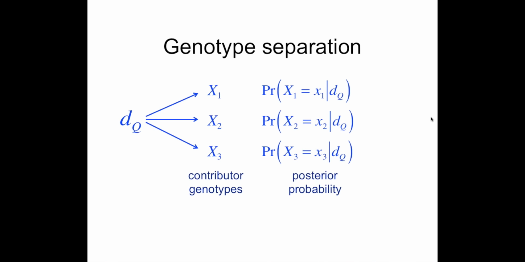So each genotype can assume different values with probabilities that are conditioned on the evidence data, D sub Q. And for each, in this case, of 3 contributors and their genotypes, there are posterior probabilities, posterior because it's after the data has been seen, of what the genotype values would have as probabilities of being more or less likely. And so the idea is, with accurate computing and good statistical models, mixture data can be separated into contributor genotypes with associated probability distributions for each genotype at each locus.